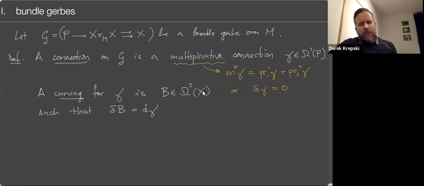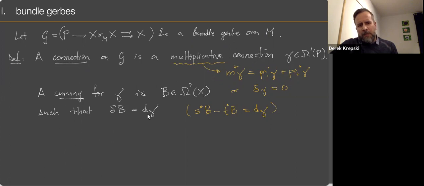So we also have the notion of a curving. A curving for a connection gamma is going to be a 2 form on X such that delta B is d gamma. Here the delta lives on X, so this will just be source pullback minus target pullback.